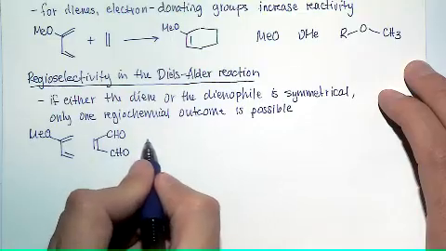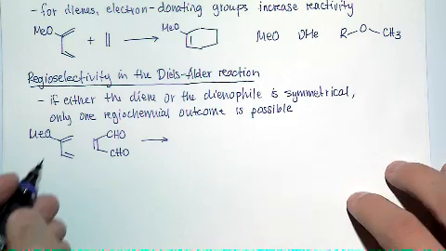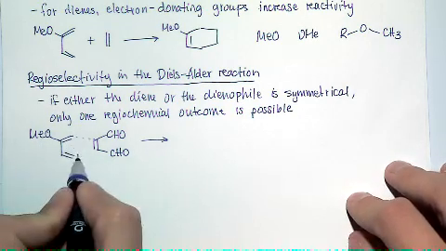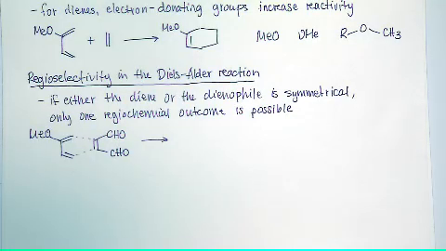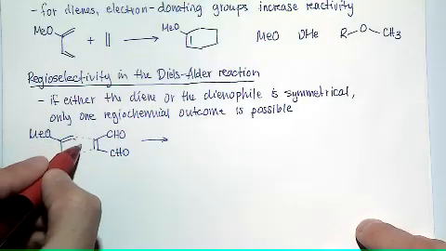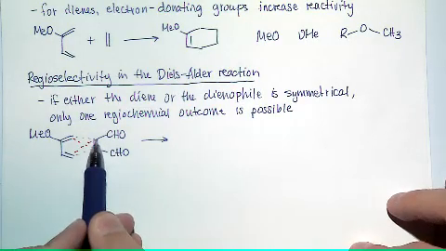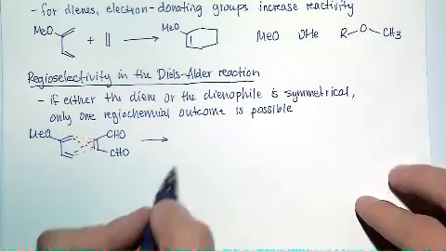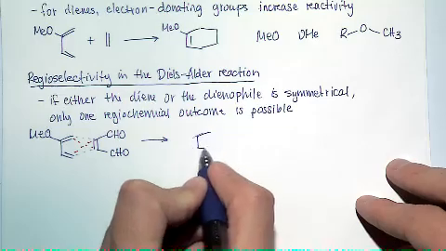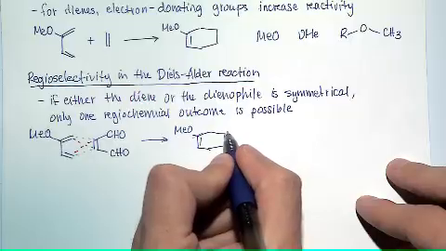It's got the same thing on both sides. Then our option of which carbon to connect to which carbon, versus flipping it upside down like this, doesn't matter because we've got symmetry here, so there's always going to be a CHO group or an aldehyde on that carbon in the product, and there's always going to be one on the other carbon. So our product will always look like this.